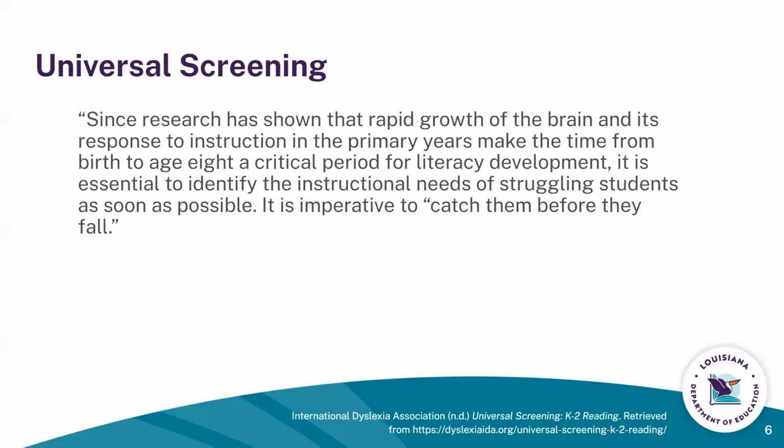Data from universal screenings should be used to make informed decisions about evidence-based interventions and the progress monitoring that should follow. Interventions should address the needs of the students as identified by the screening process. Progress monitoring is then done to determine if progress is adequate or if more or different interventions are required.